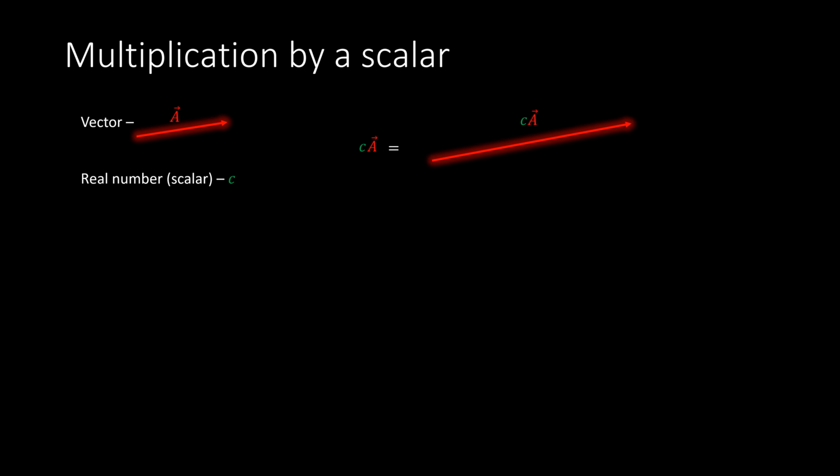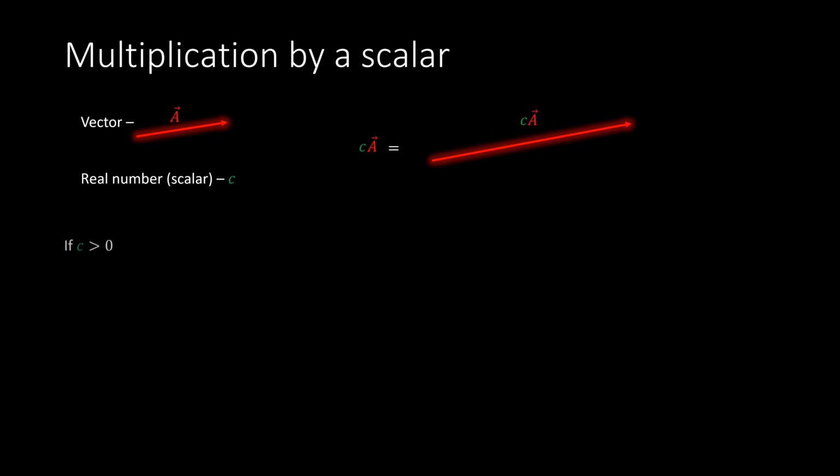Let's discuss multiplication of a vector by a scalar. Vectors can be multiplied by real numbers. Let A be a vector. Let C be a real number. Then the multiplication of A by C is a new vector, CA.